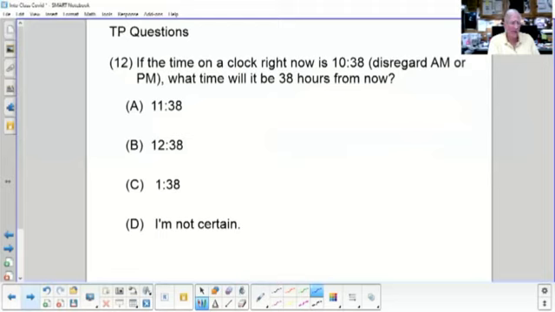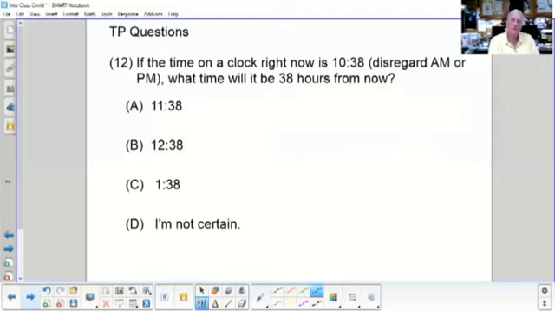What time will it be exactly 12 hours from the time given, 10:38? Wouldn't it be back to 10:38 again? Now, it might be PM if it was AM when we looked at it first, but we're disregarding AM and PM. So if 12 hours go by, right, it's right back to where it started from on a clock.